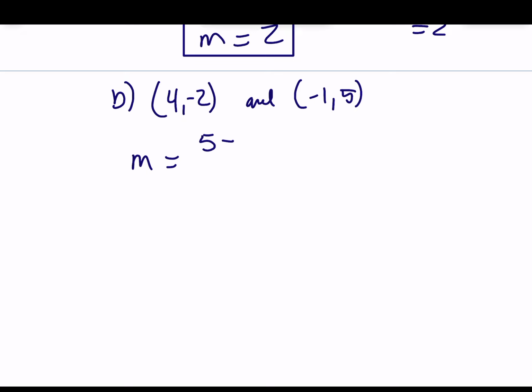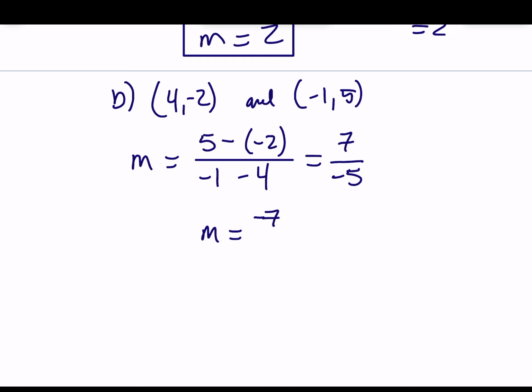So 5 for my y minus a negative 2 in the first point, divided by negative 1 minus 4. 5 minus a negative 2 is 5 plus 2, or 7. And negative 1 minus 4 is negative 5. So we get 7 over negative 5, which is the same as negative 7 over 5. So our slope is negative 7 over 5.